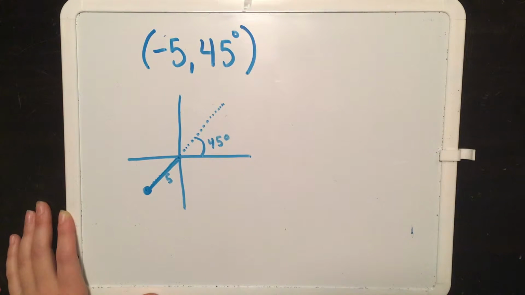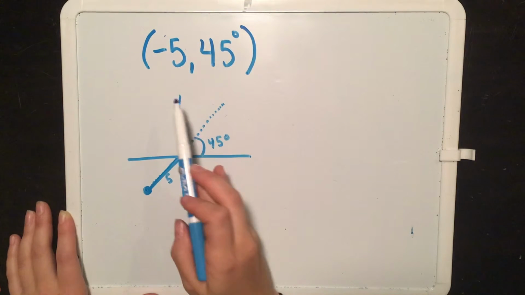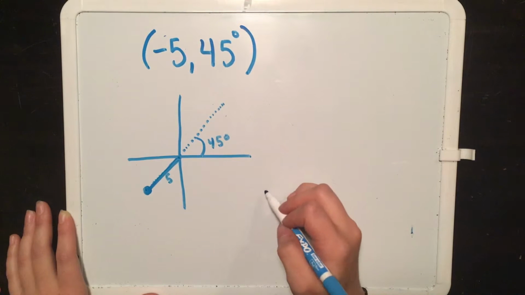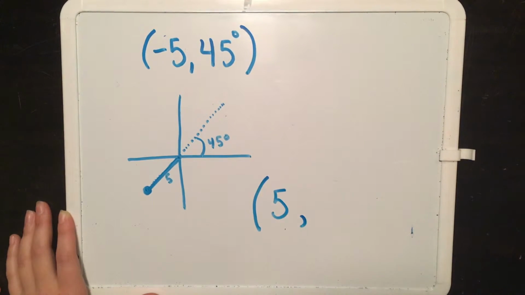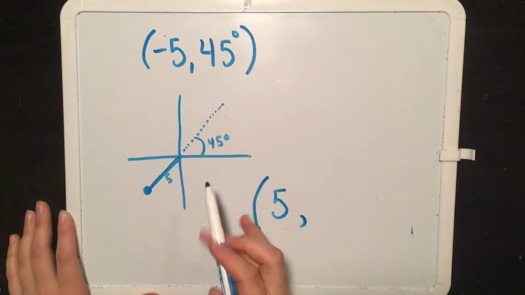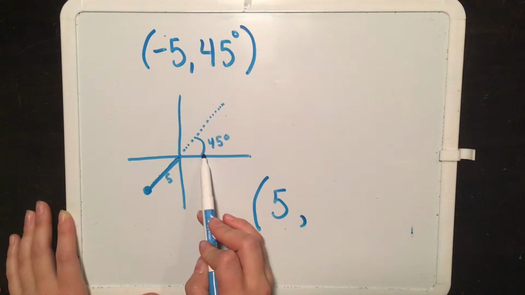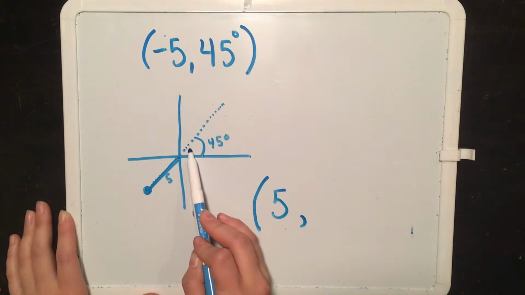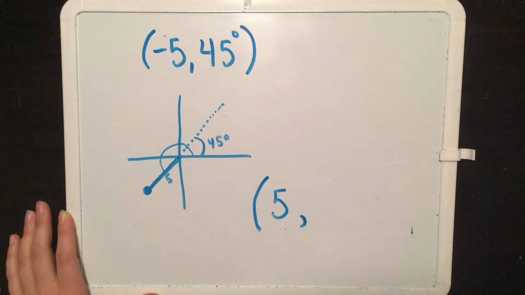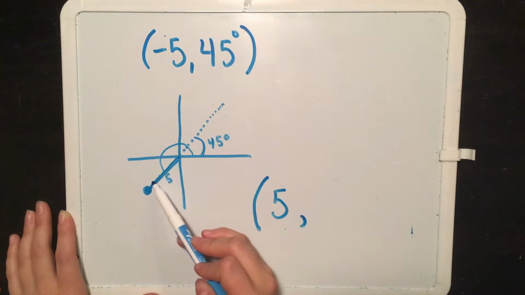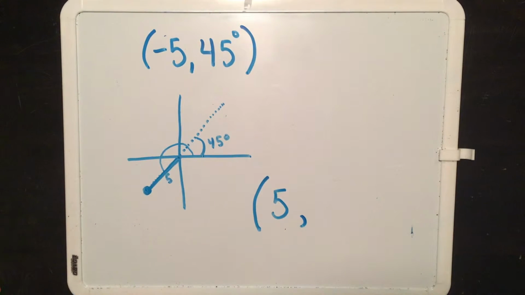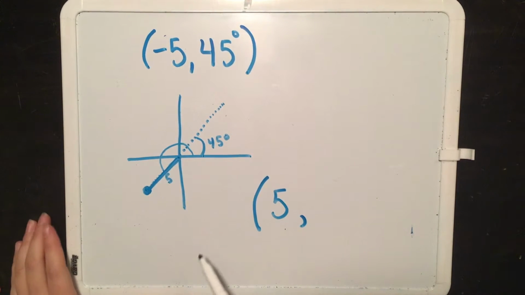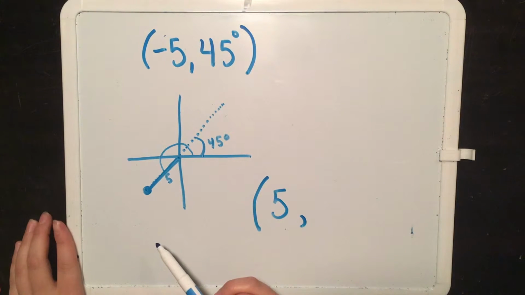Now we want to find a coterminal coordinate with -5, 45, and we can make the radius positive and just find the angle that takes us from 0 degrees all the way to our coordinate. Since our original radius was negative, it went the opposite direction of 45 degrees, but by an addition of 180 degrees.